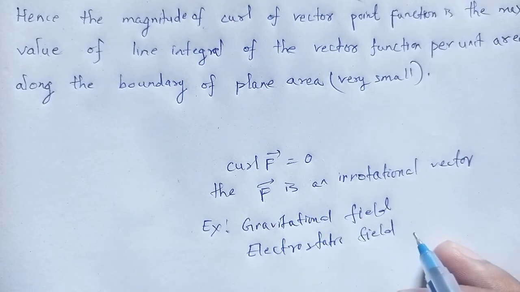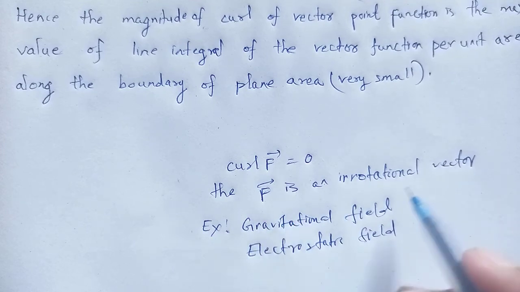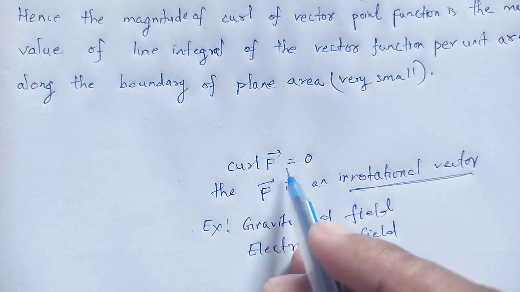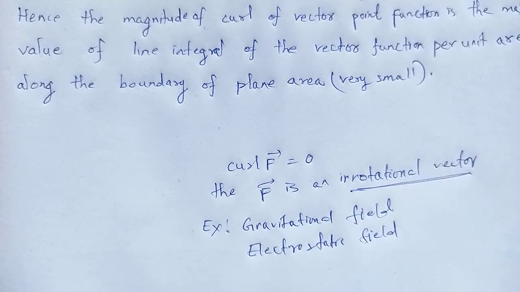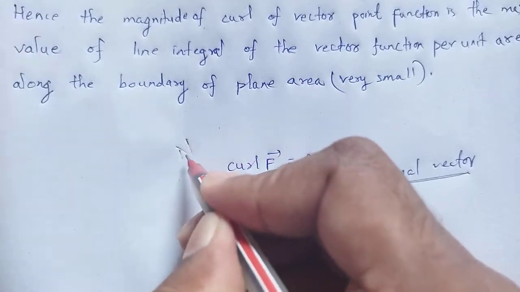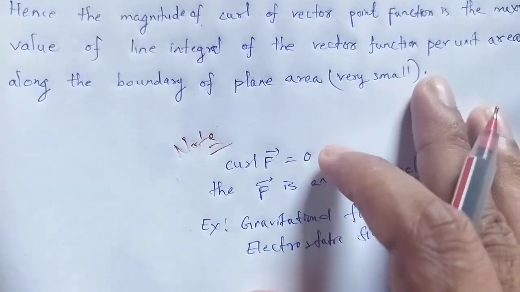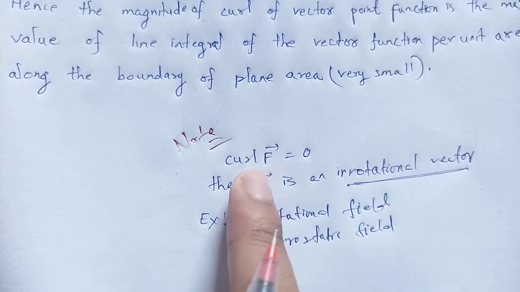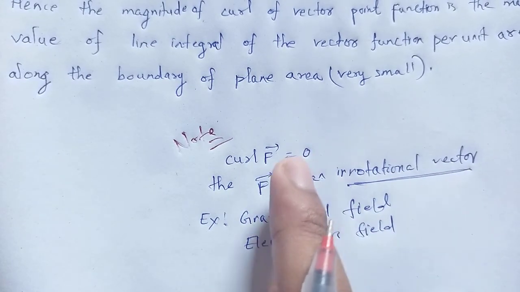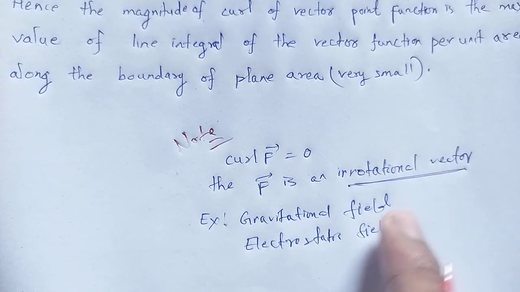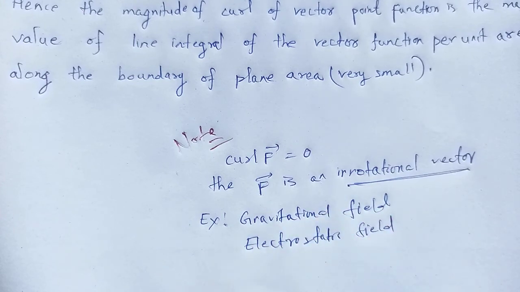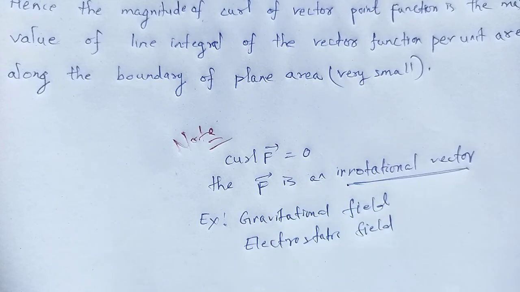Such vectors are under the category of irrotational vector, as its curl is equal to 0. This one is the note, to find out the condition for a vector to be irrotational. That means if curl of that vector is 0, then we can say that vector is irrotational. That's why some physical quantities like gravitational field and electrostatic field are some examples of irrotational vector.